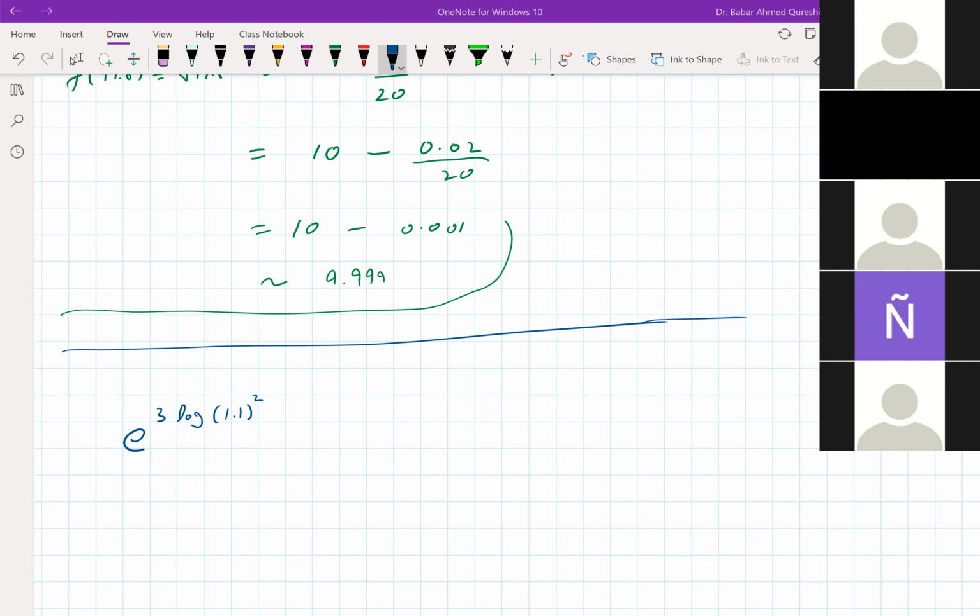Well, first of all, this is equal to 1.1 to the 6, isn't it? Yeah, I'll do some word problems as well. So this is just the 6th power, nothing very difficult. So you can consider this and find it near 1.